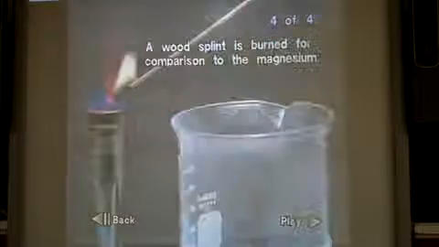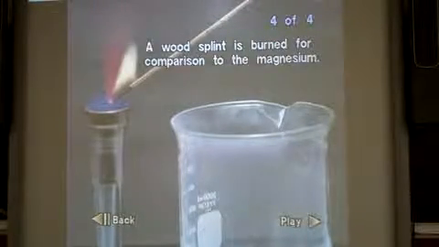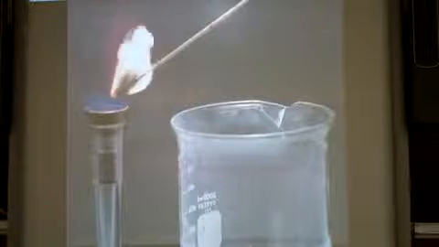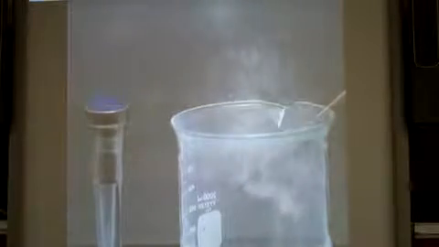Powerful. We like to do that one a lot. Okay. Note the product. Now, a wood splint, carbon dioxide, predictions. Oh yeah, it goes out.